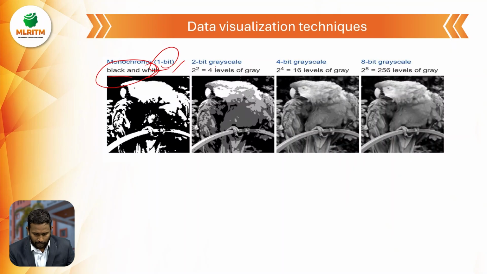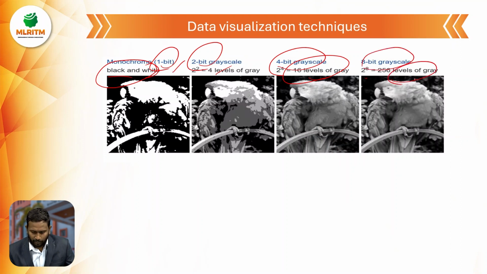The second bit saves the image in grayscale, with white, light white, gray, and light gray. A 4-bit grayscale gives 16 levels of gray, and 8-bit gives 256 levels of gray.